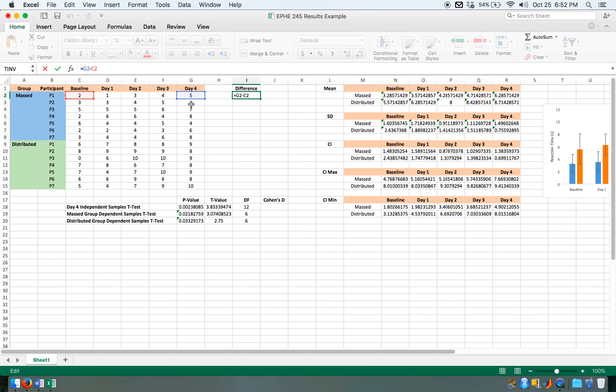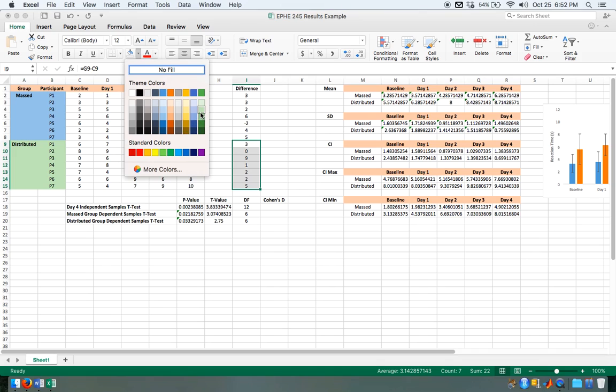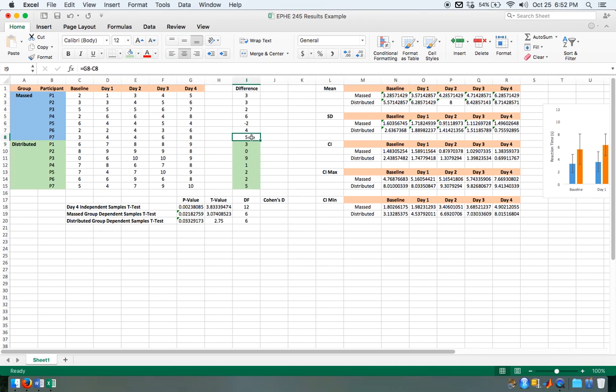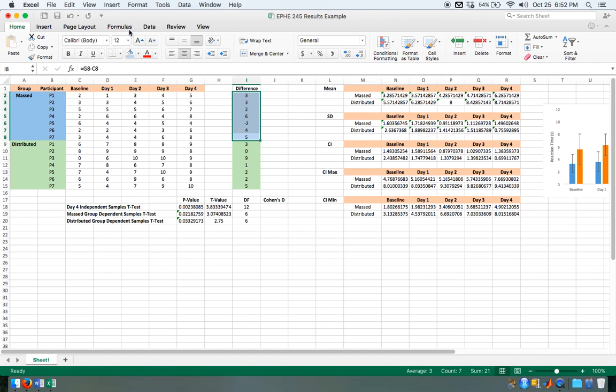I did this minus this, and I have that difference there. I'm going to pull it all the way down. I'm going to color code it so I don't confuse myself, because I'm easily confused. So that's the distributed group, while this is the masked group.